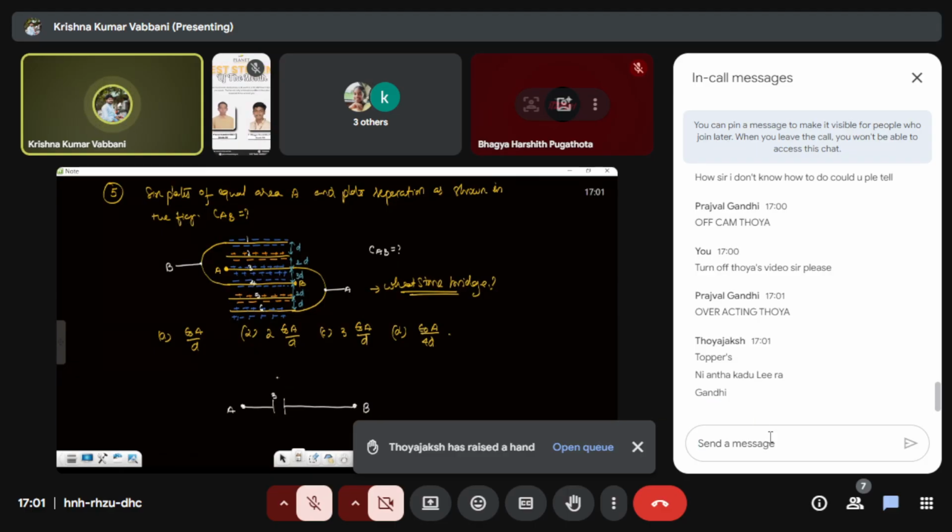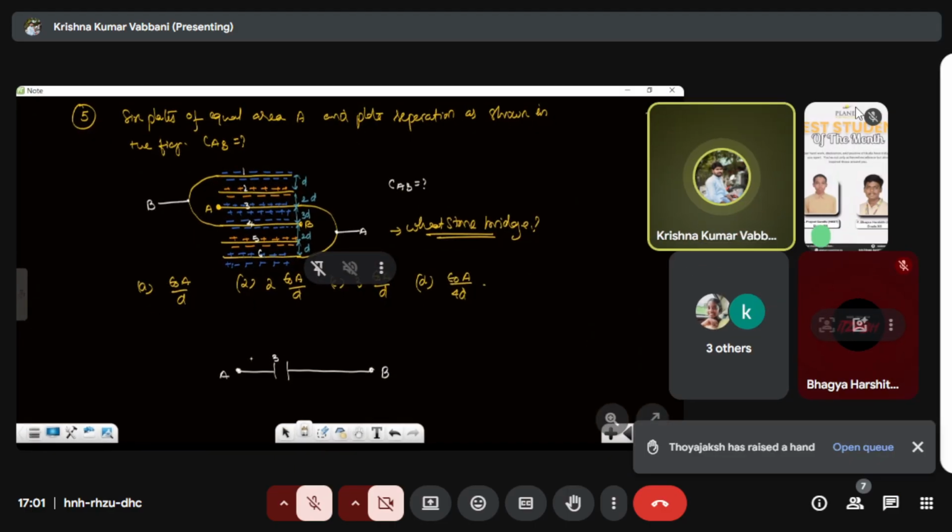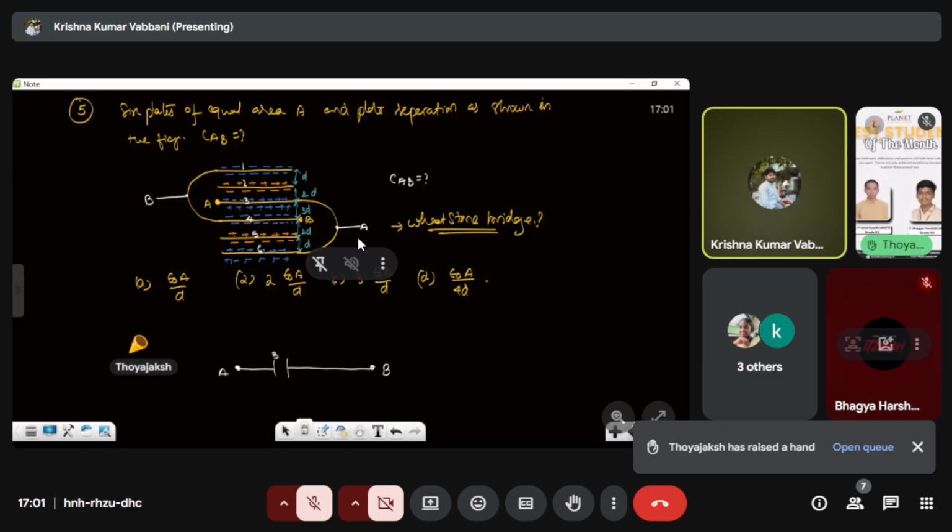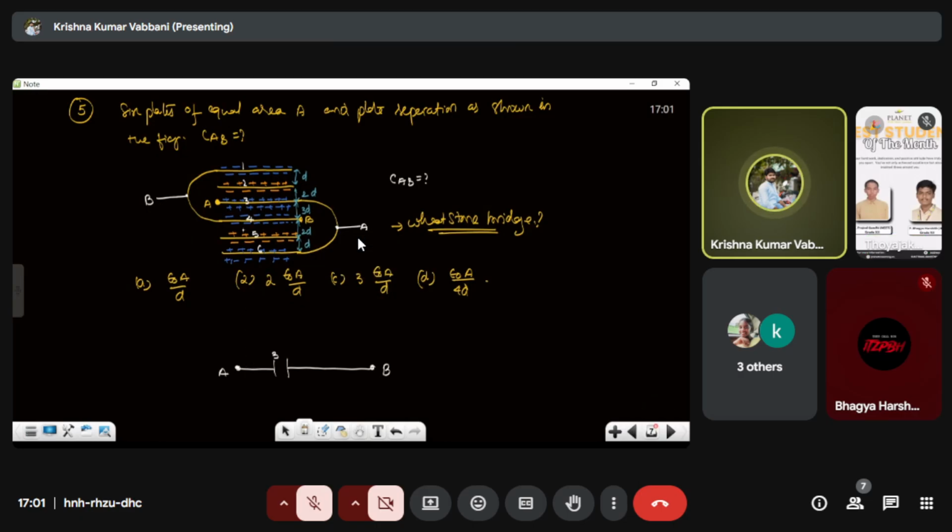Okay, so let's take another one. What do you have to take? See here, plate 3 is connected to terminal A. This terminal A is parallel to 2, right? And this 2 is not connected to anything. Then don't take this one, remove it.